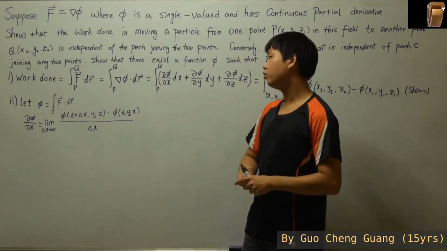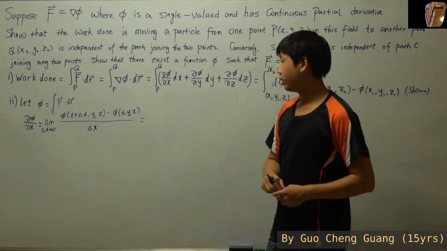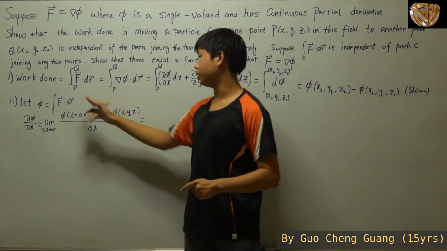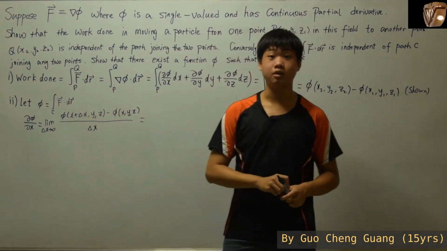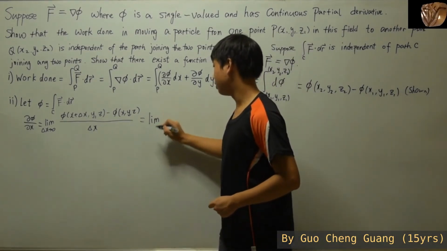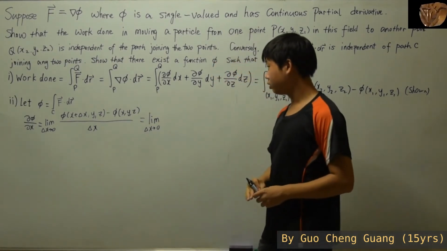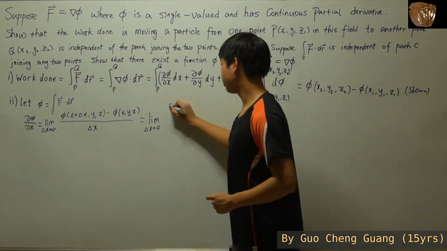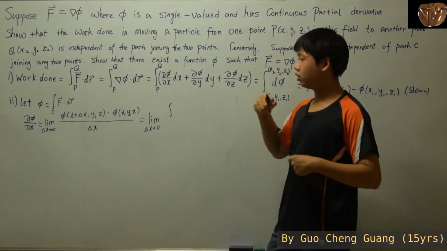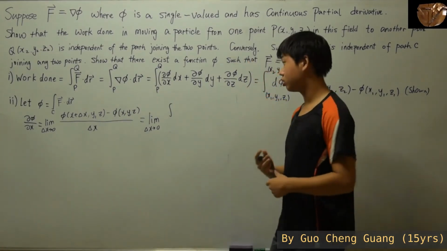Now, how do we continue this? How about we think about the original thing that we let it be. Let's say we put limit delta x approaches 0 again. So some sort of integration. This time we have to consider what the boundaries could be.